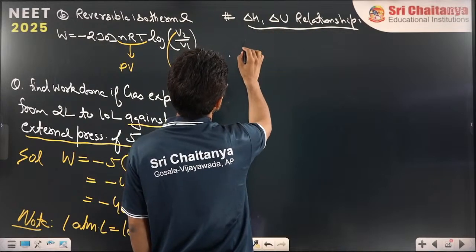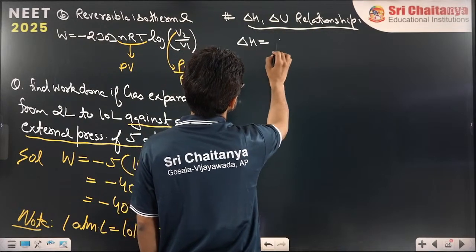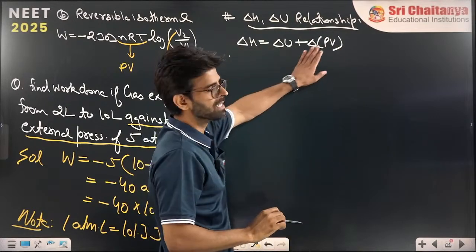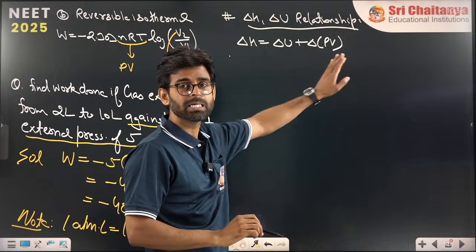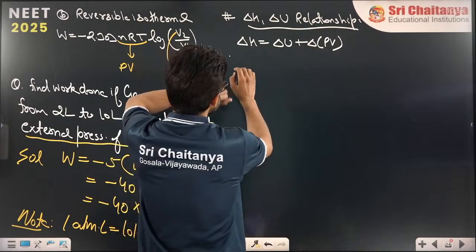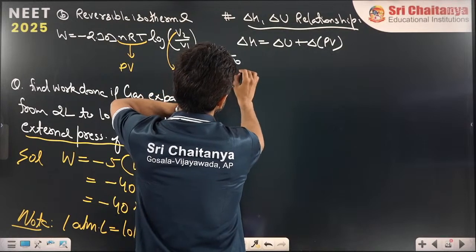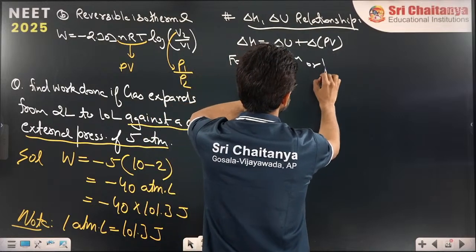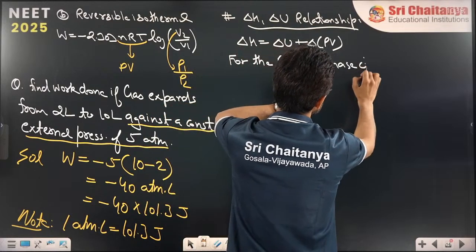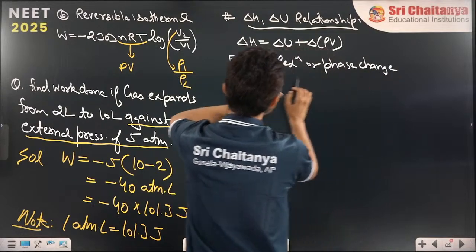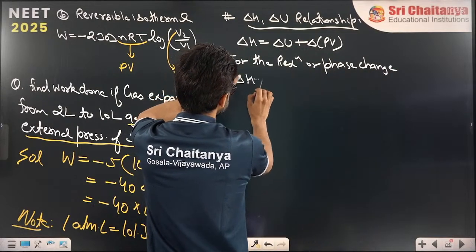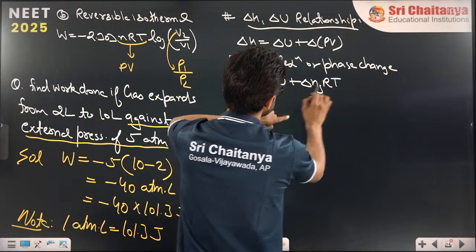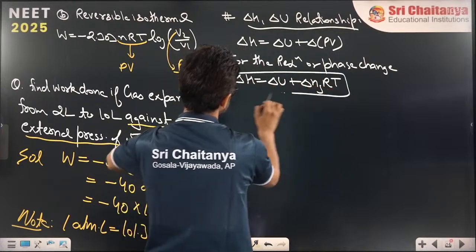So you can say delta H equals delta U plus delta PV. We can make it P delta V if P is constant, and V delta P if V is constant. Otherwise, especially for the reactions or phase changes, which NEET always asks, this is the very important formula: delta H equals delta U plus delta Ng RT.